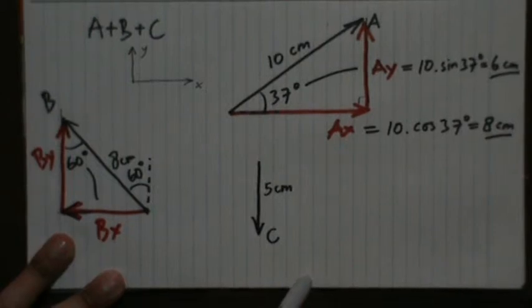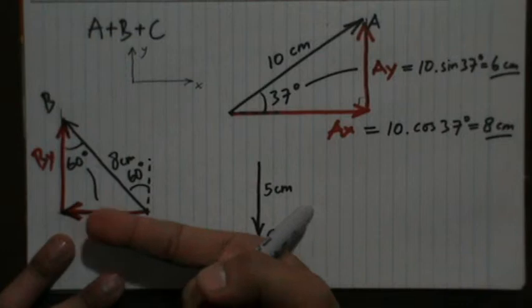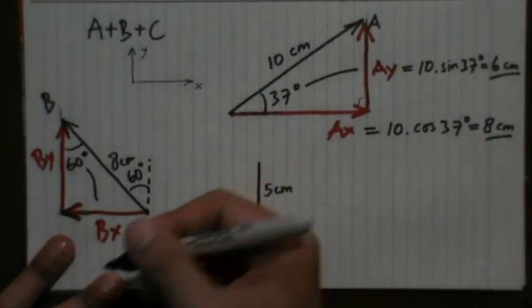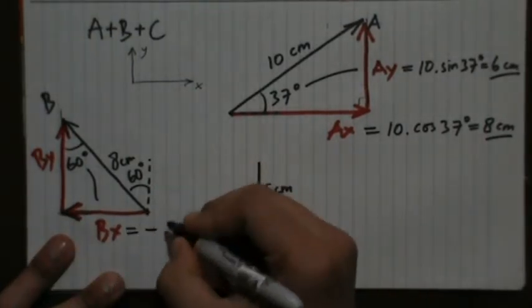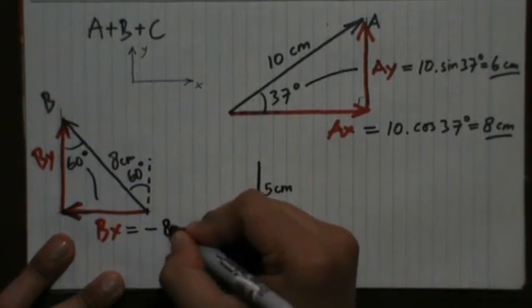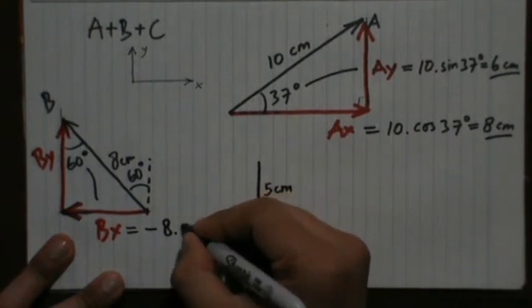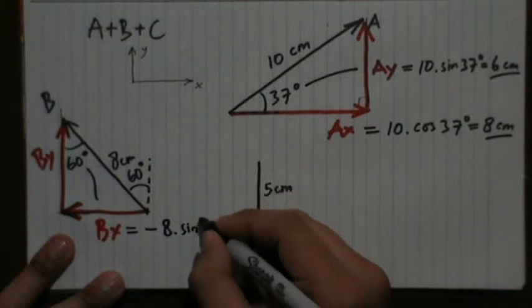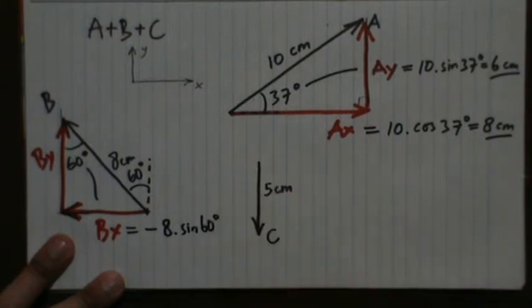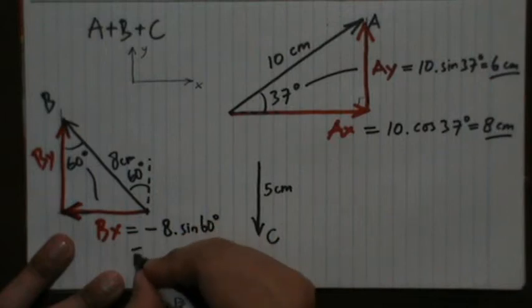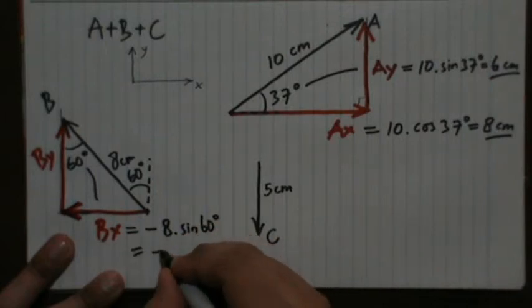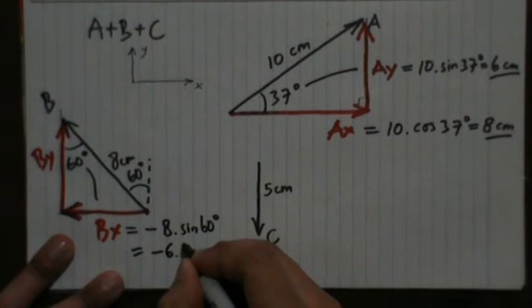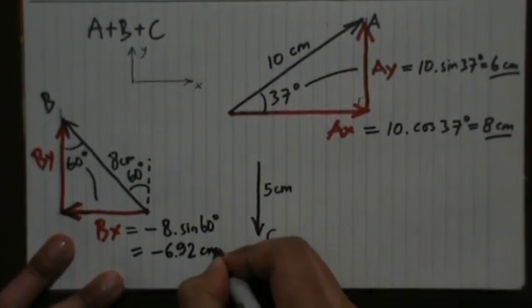So here we will have sign convention, so that the left direction will be minus 8 times sine 60 degree, and the value here is minus 6.92 centimeter.